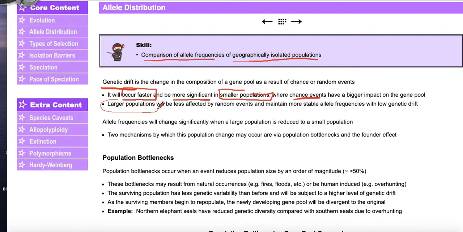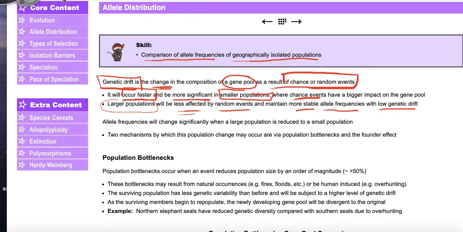If it's a large population, it's going to be less affected by different chance events, and the population is going to remain more stable when it comes to their allele frequencies. So they're going to have low genetic drift. So when we think of genetic drift, we think of any allele frequency change which leads to a change in the gene pool as a result of some chance or random event.